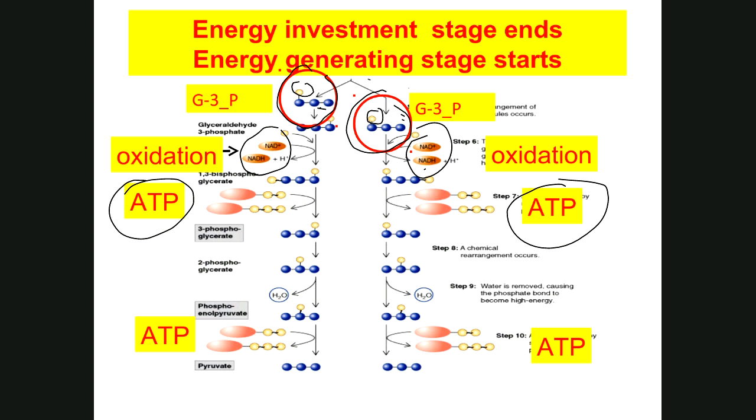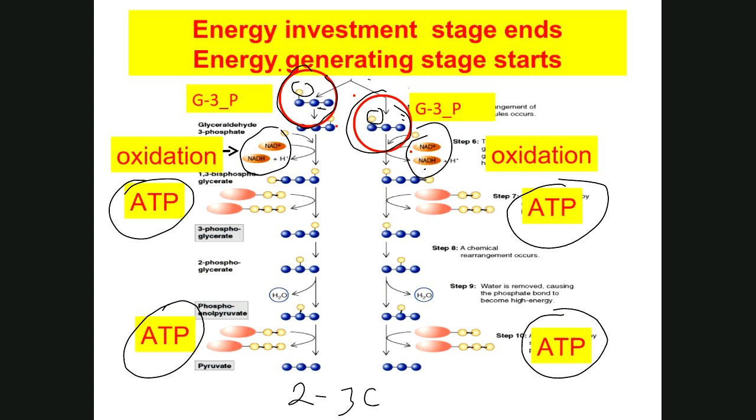We proceed to add another phosphate and remove it. Okay, so another phosphorylation step towards the end to give us 2 3-carbon pyruvates.